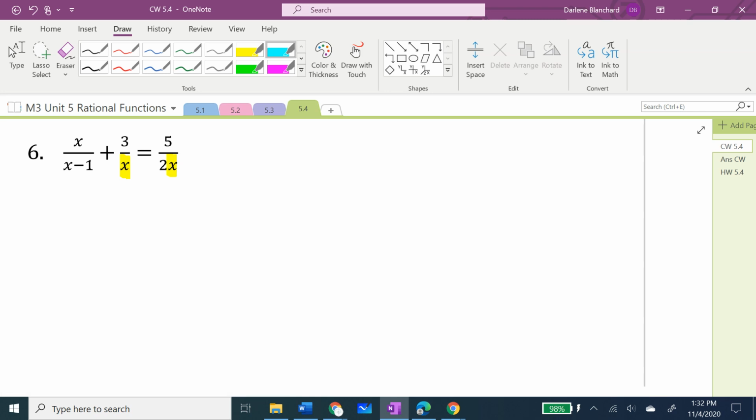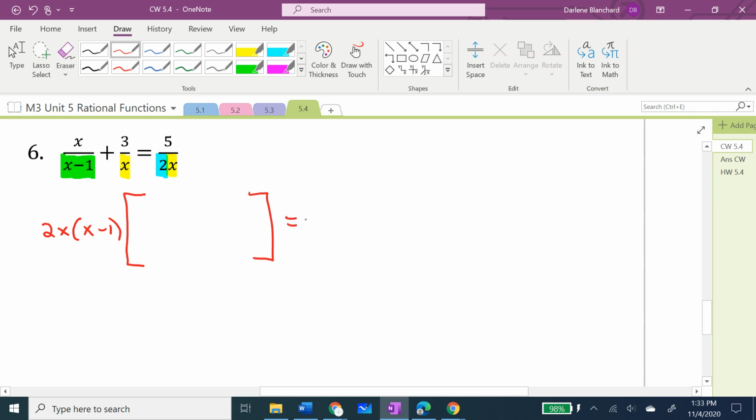What other factors do I have? I do have an extra factor of a 2. And then what is the other denominator? x minus 1. So the least common denominator is 2x times x minus 1. And if I multiply both sides by that, I'm going to get through this fastest.